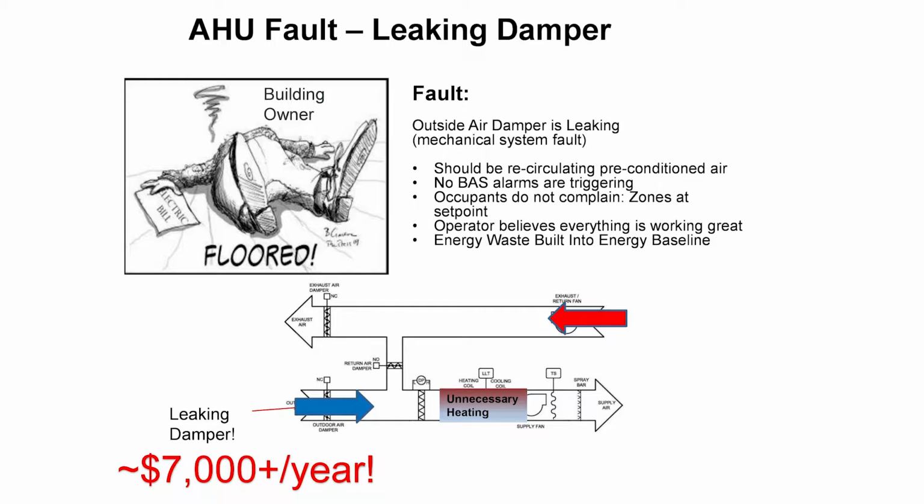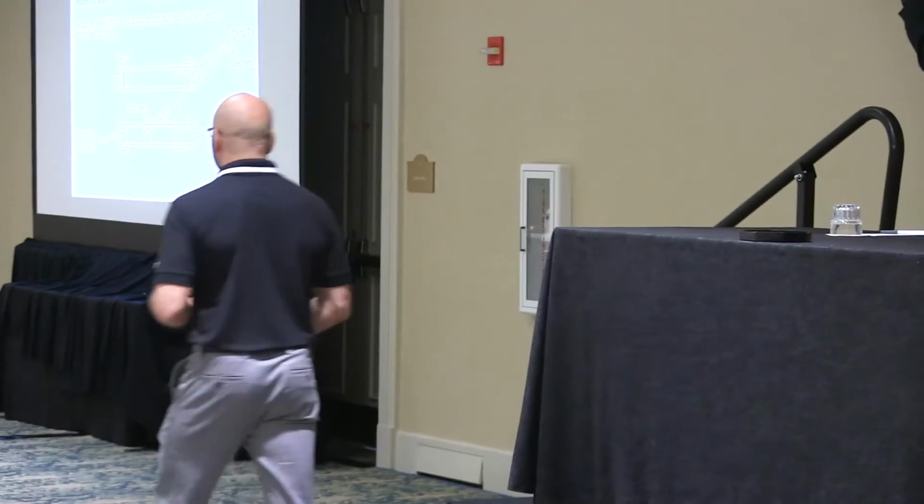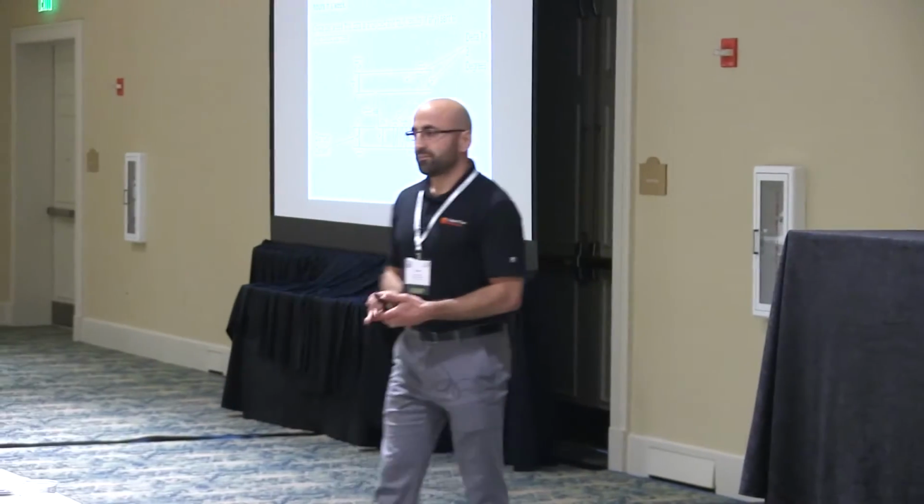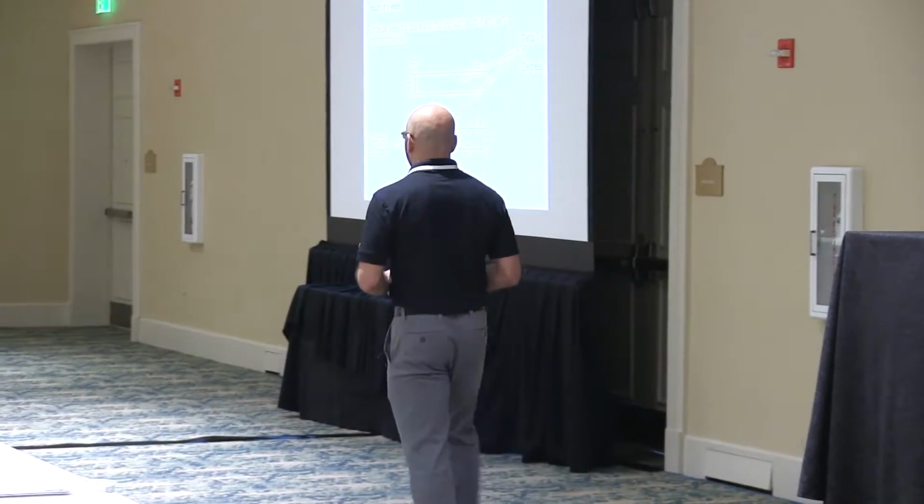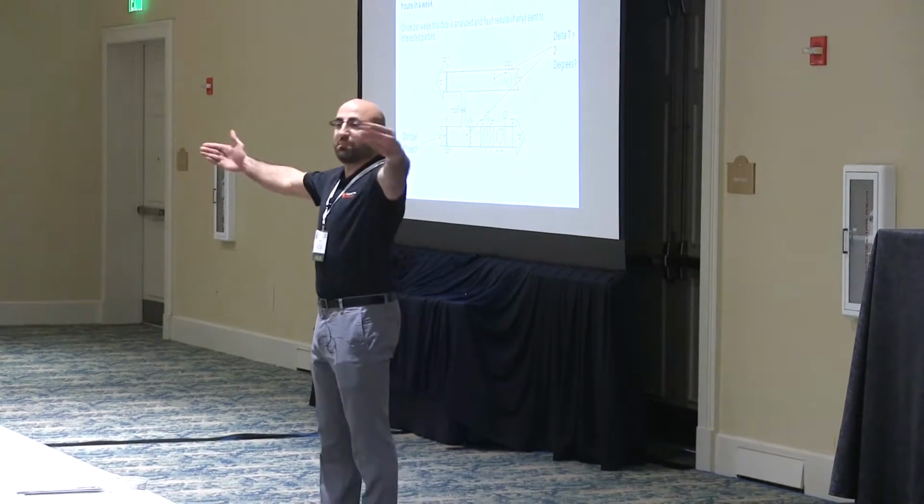But what rules and fault detection can do is look at interrelationships between control points and then give you more insight than you can get from a conventional BAS alarm. In this case, all we're going to be looking at is supply air temperature, return air temperature, the damper position, and we're going to look at a longer period of time, right?